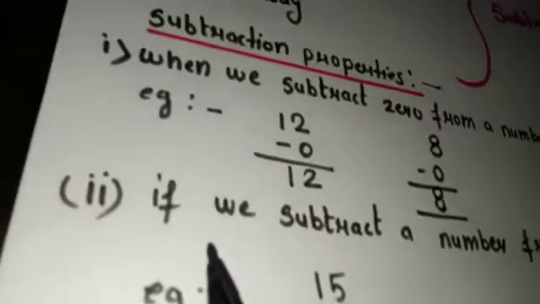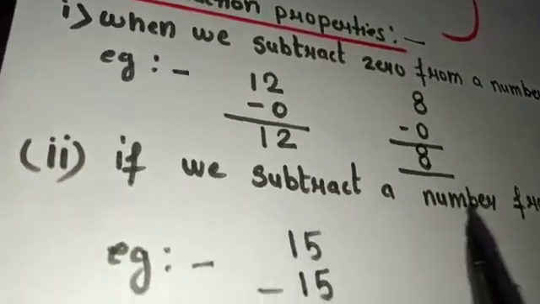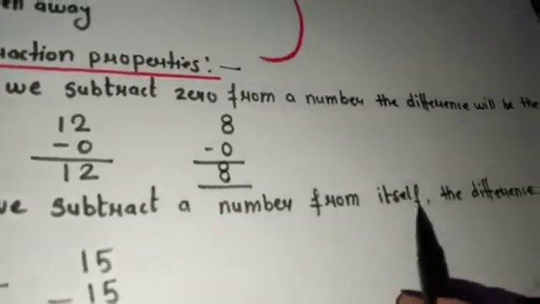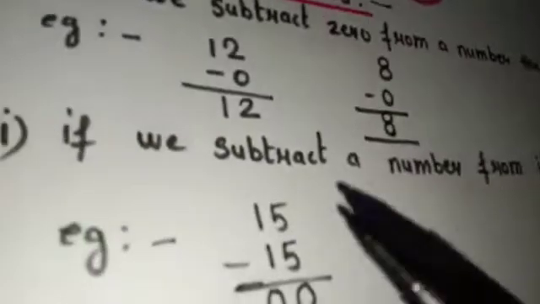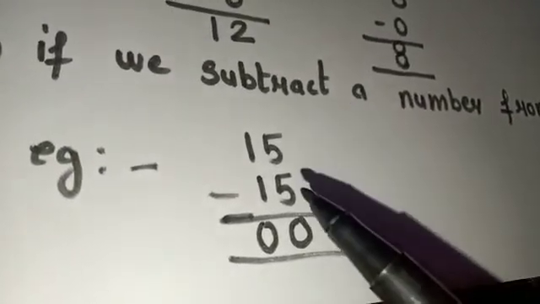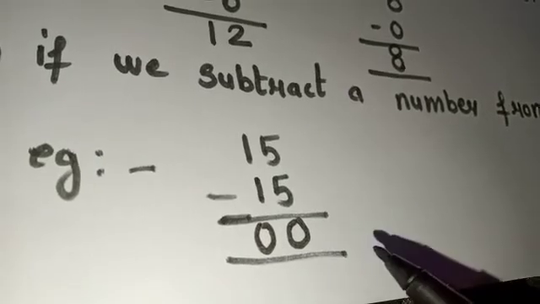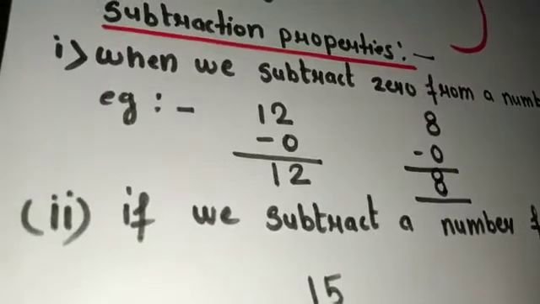The next property of subtraction is if we subtract a number from itself, the difference is 0. For example, if we subtract 15 from 15, then we will get 0. So these are the 2 properties of subtraction which you have to learn.